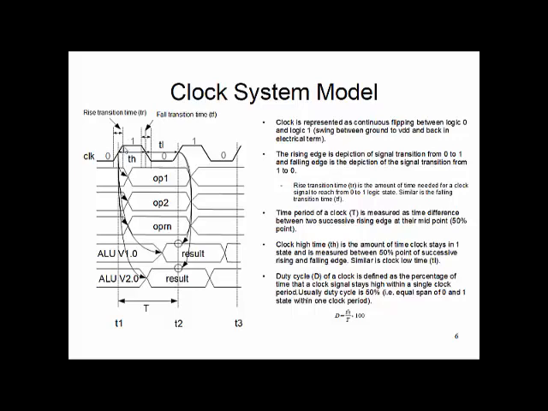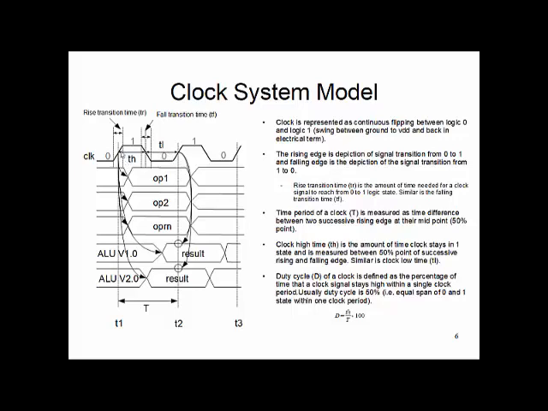But from a calculation point of view, your T high is measured from the 50% point of these trapezoid signals. Similarly, T low, or the time during which the signal remains low, is measured from 50% of the falling transition to 50% of the next rising transition. So this is your high time and low time.